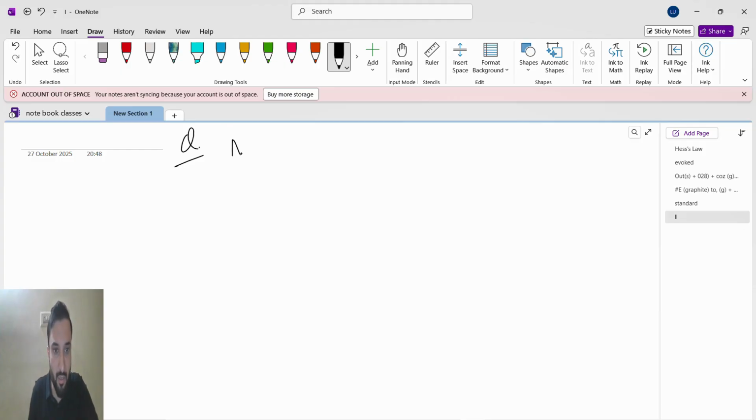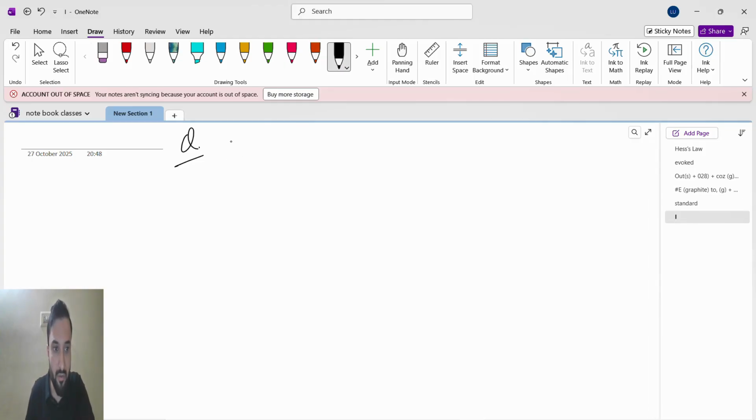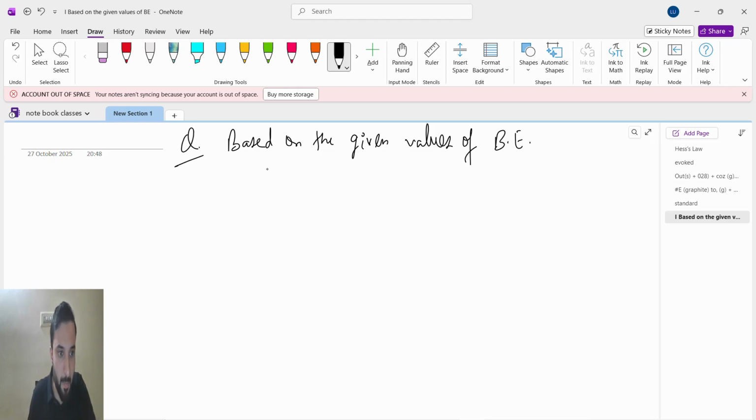So this is the given, N single bond N is having, okay, let's write the full question first, guys. Based on the given values of bond dissociation energy, we have to find delta H naught f, means formation, right?